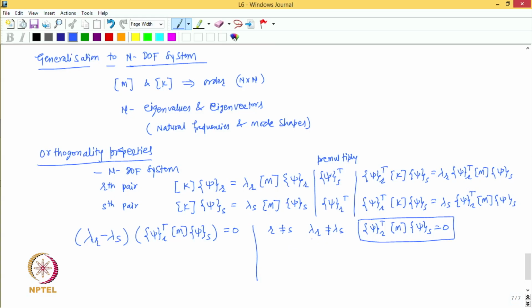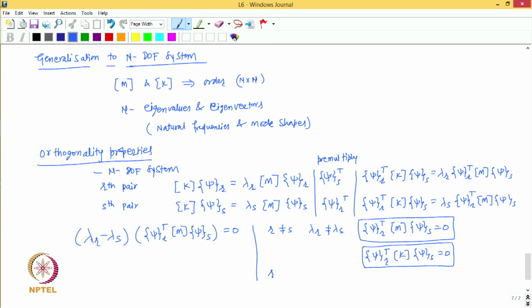If we substitute this result into the equation, then we also get the result that psi r transpose k psi s will also be 0 when r is not equal to s. So, it means the rth and sth eigenvectors are also orthogonal with respect to the stiffness matrix.